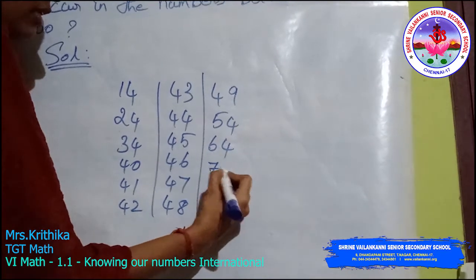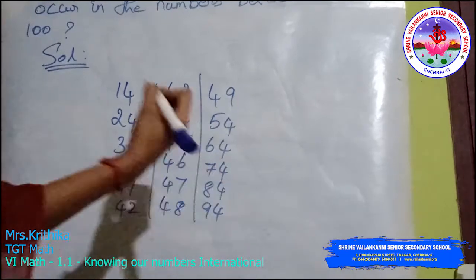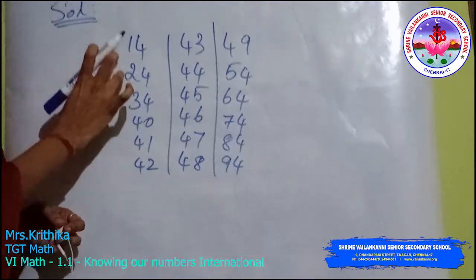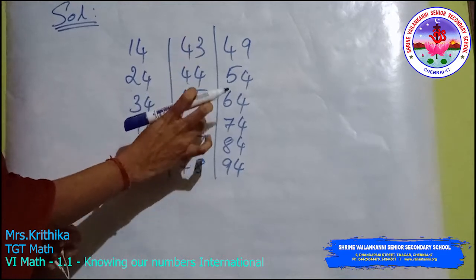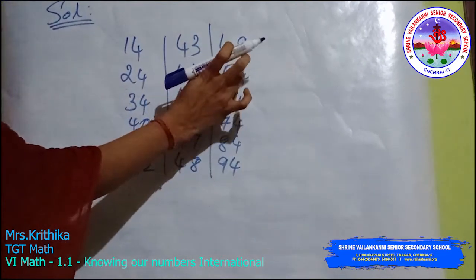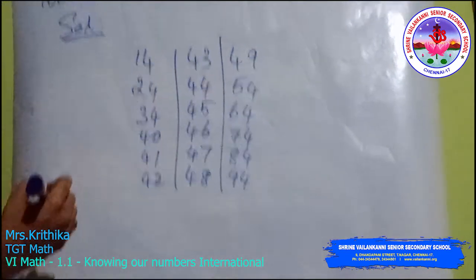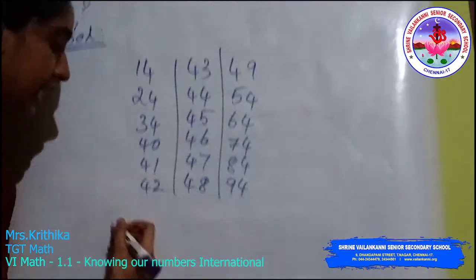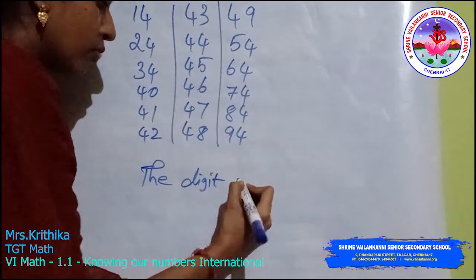Counting: 1, 2, 3 up to 18. The digit 4 occurs 18 times.